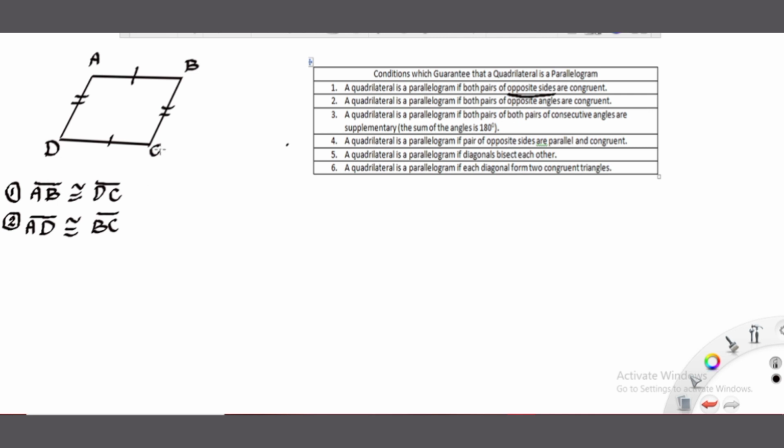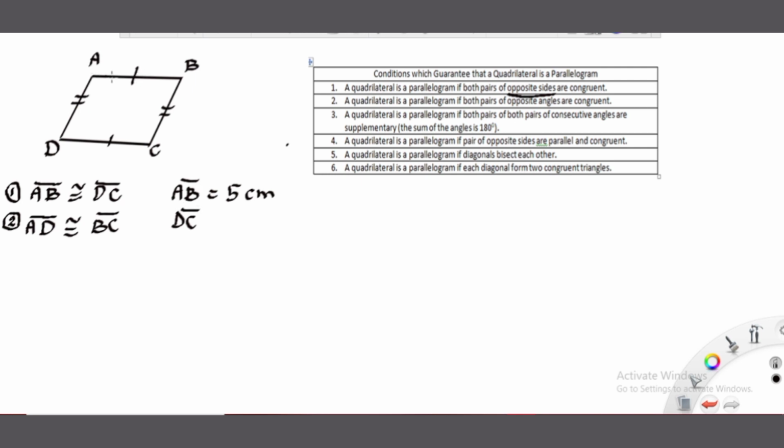Alright, so let's have an example. Let's say side AB measures 5 centimeters. What should be the measurement of side DC?